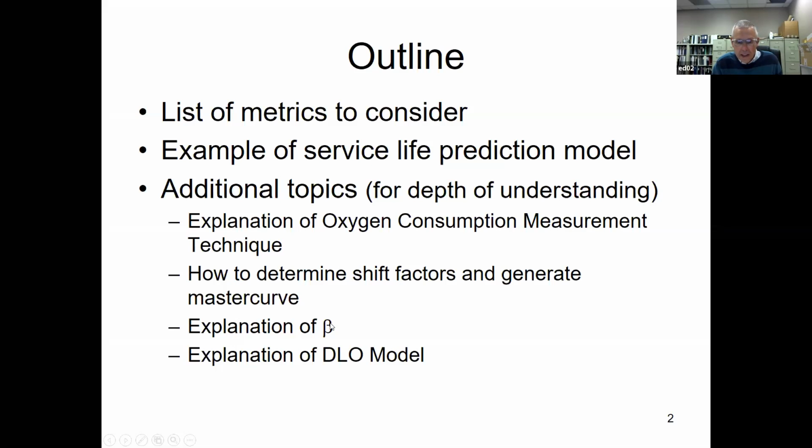These are the techniques that are involved in service life prediction with some more detail: explanation of oxygen consumption measurement technique, how to determine shift factors and generate a master curve, explanation of beta, which is the effect of oxygen partial pressure on oxygen consumption rate, and brief explanation of the diffusion limited oxidation model.